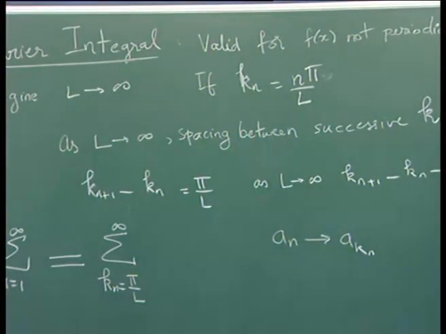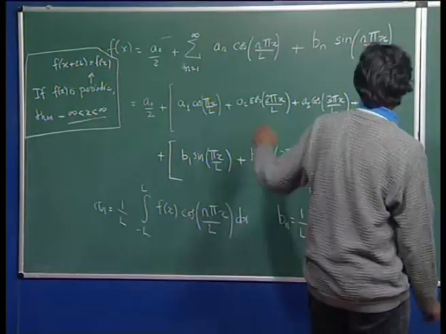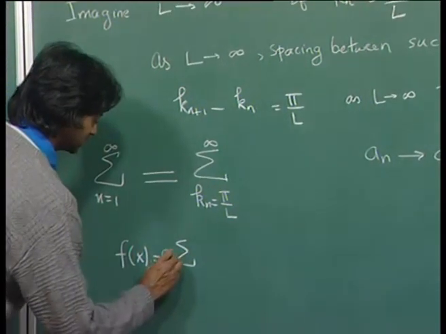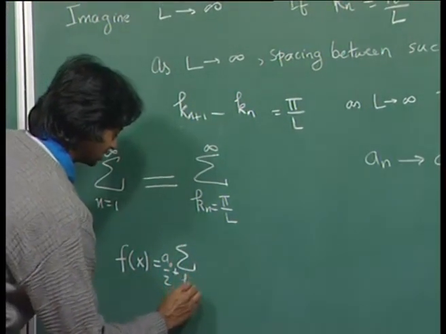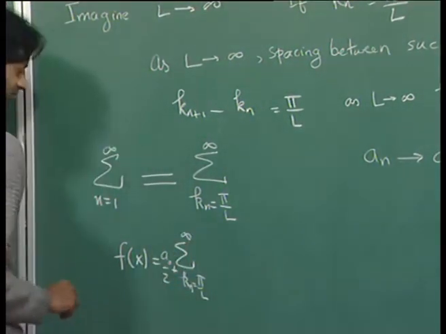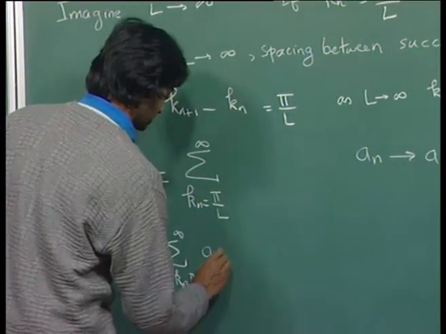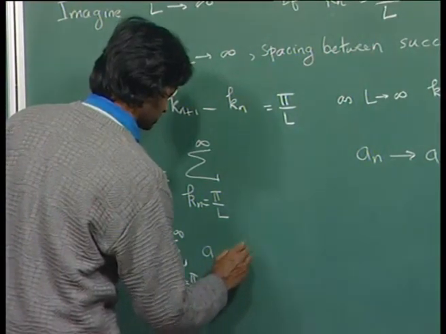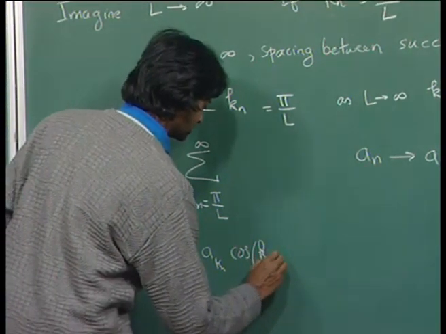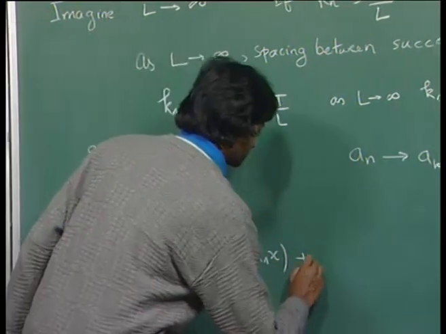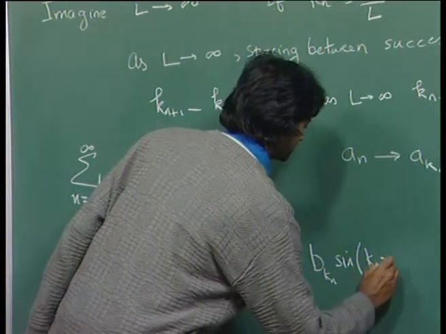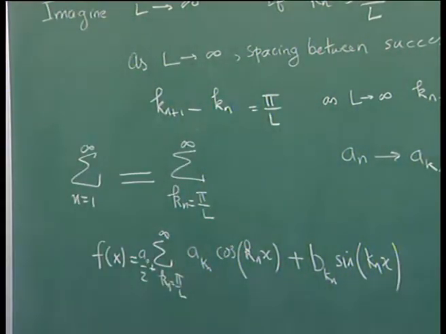Now f of x looks like a0 by 2 plus a sum over k n equal to pi over L to infinity of a k n cos k n x plus b k n sin k n x.